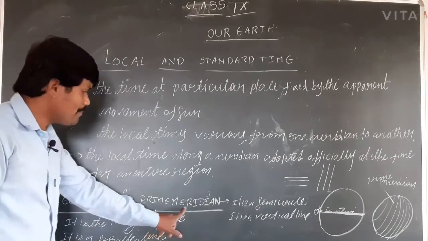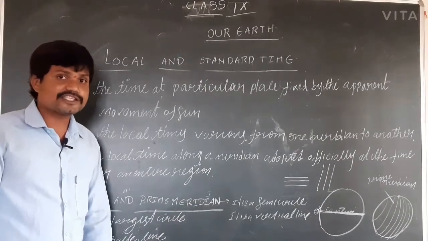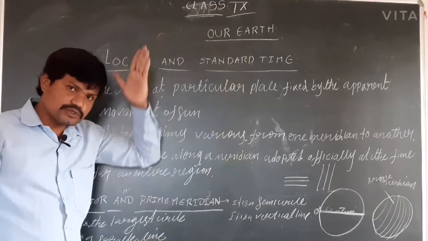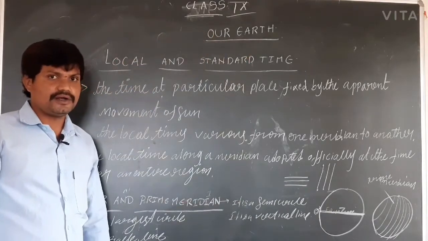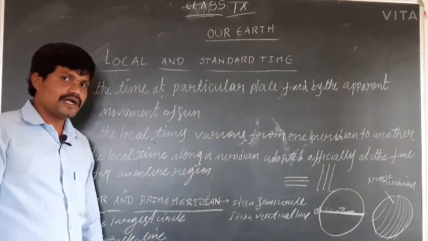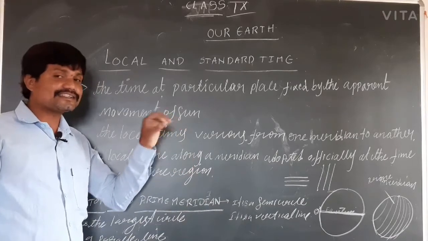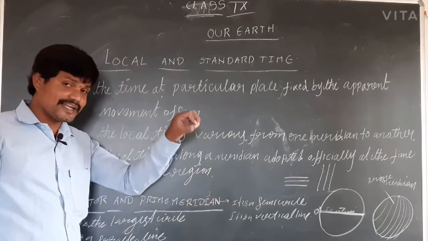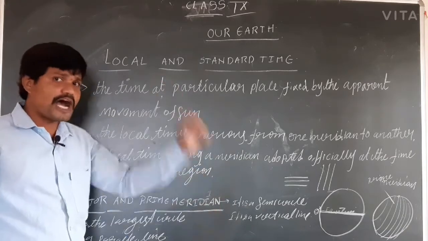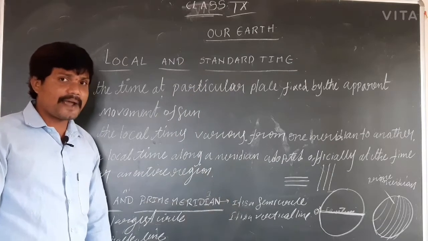What is called prime meridian? The longest lines drawn from the North Pole to the South Pole at 0 degrees are called the prime meridian.